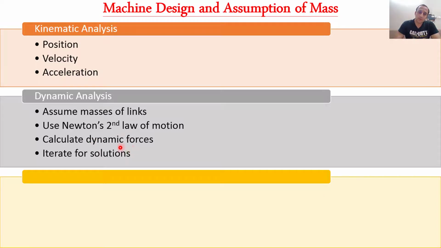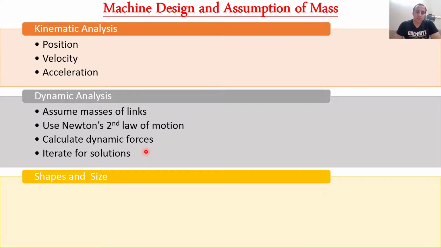These forces, we know, are a product of mass and acceleration. So either we need to reduce the acceleration, or we need to reduce the mass. Since the acceleration is already finalized in the kinematic analysis, the only thing we have to change is the mass. Okay, so in order to reduce the dynamic forces, we need to keep on changing the values of mass in our iterative process, so that we have the value of dynamic force within the acceptable range or limit.